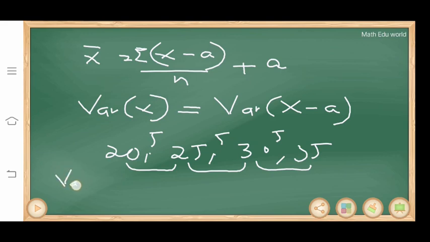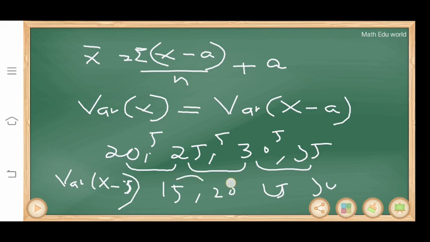Coding it as x minus 5, our new data is 15, 20, 25, 30. Here also the spread remains the same, 5 each.